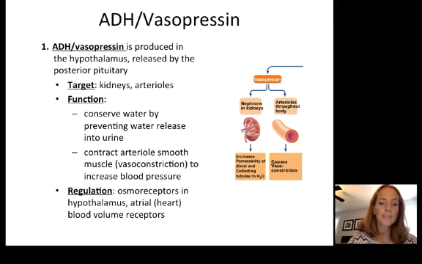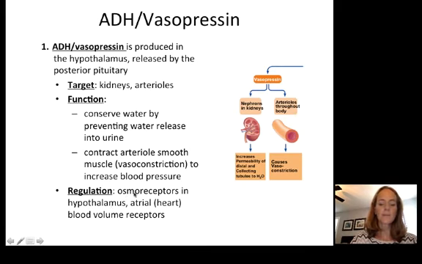It stops diuresis or stops peeing. It will also have effects on the blood vessels. It can contract smooth muscle in the arterioles, which we call vasoconstriction, to overall increase blood pressure in the whole body. The regulation of ADH is through osmoreceptors in the hypothalamus.